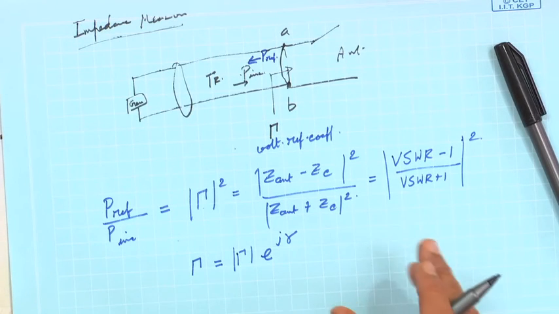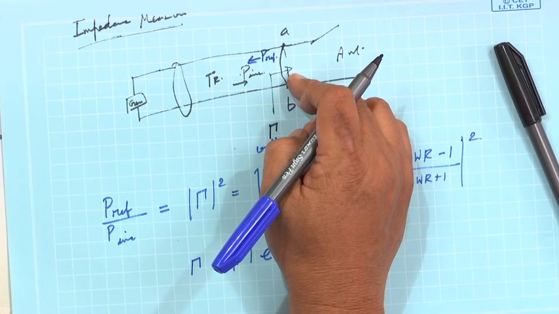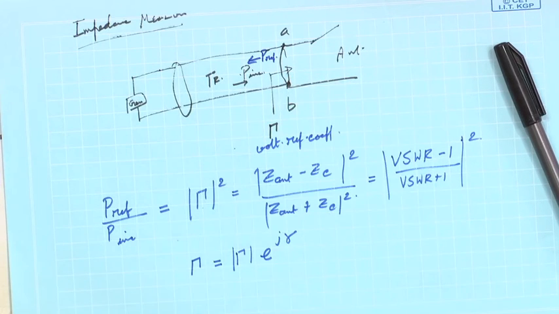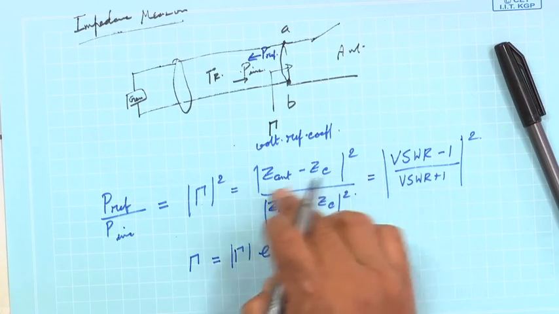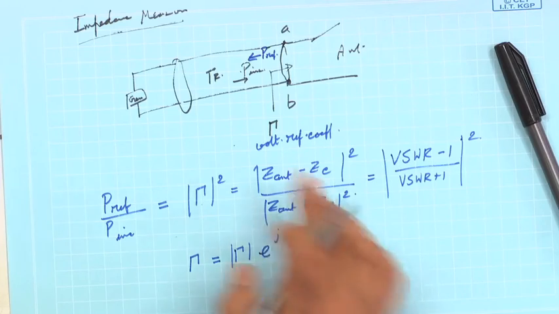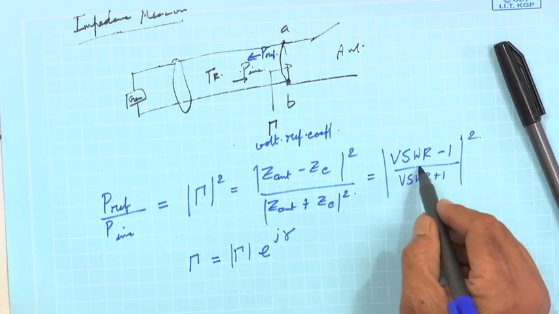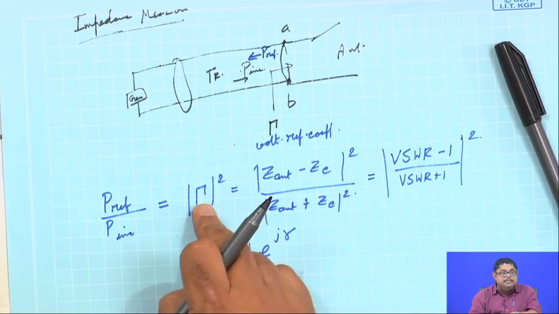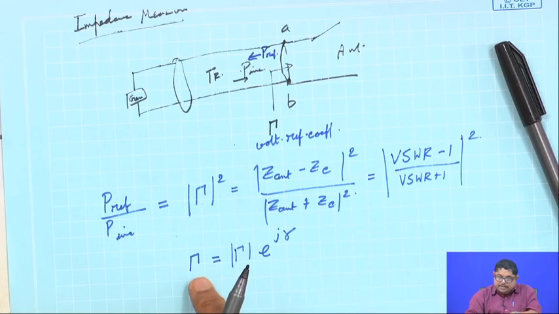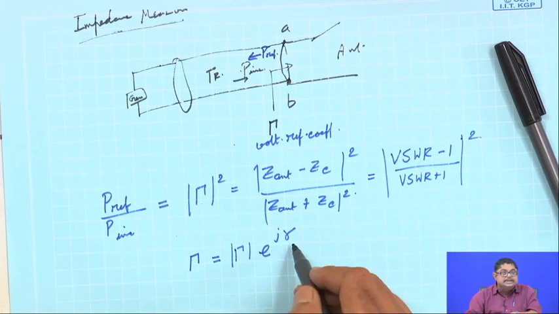Now, VSWR is at the antenna terminal, the input. If I know the VSWR, I can find the antenna impedance because ZC is known. So, impedance measurement means I will have to measure VSWR, but VSWR measurement will give me only the magnitude, not the complex impedance. To have the complex part, I also need to measure the phase.